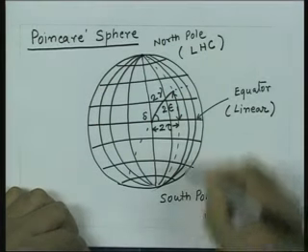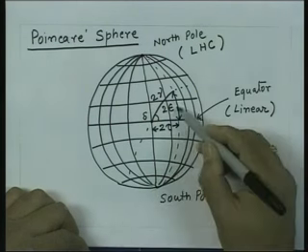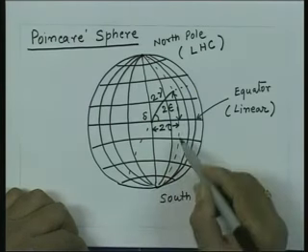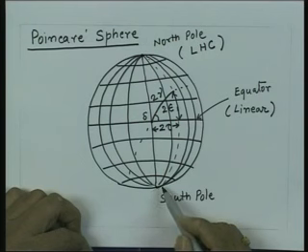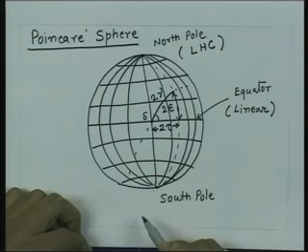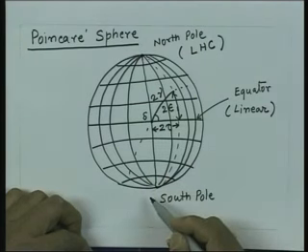By the same token, when I go to the south pole of this, again 2 epsilon now has become minus 90 degrees. So, epsilon is minus 45 degrees, and for this the axial ratio is 1, but the angle is negative, and we have seen that the negative angle is assigned for right-handed sense of rotation.